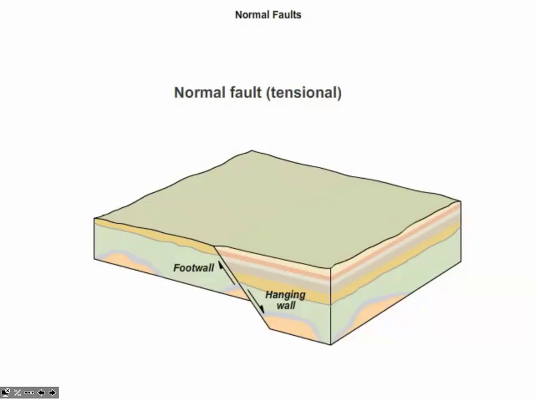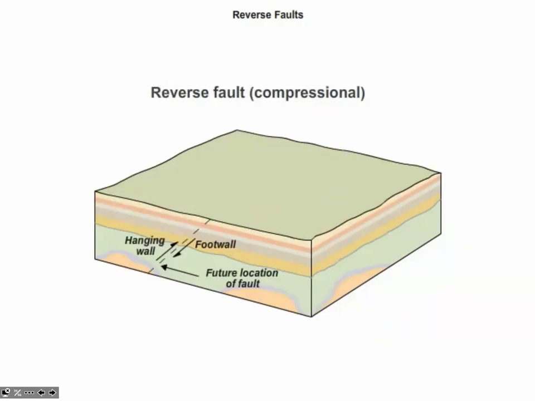Many landforms can develop from normal faulting, including tilted fault block mountains, downdropped basins known as grabens, and uplifted mountain blocks called horsts. A reverse fault develops from compressional stress.